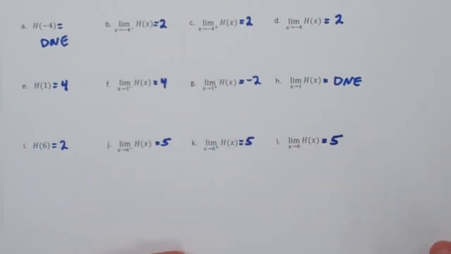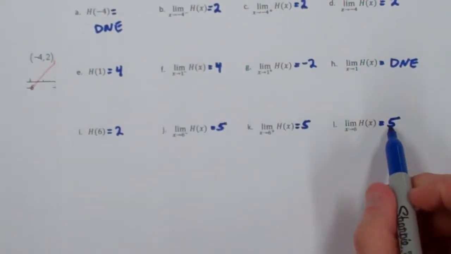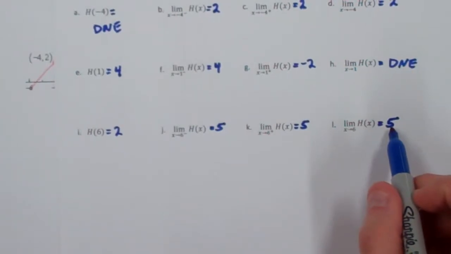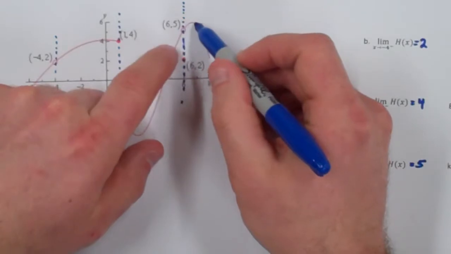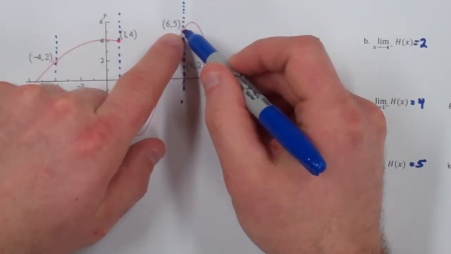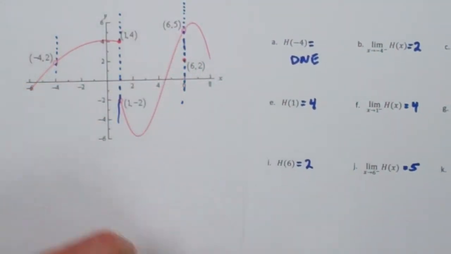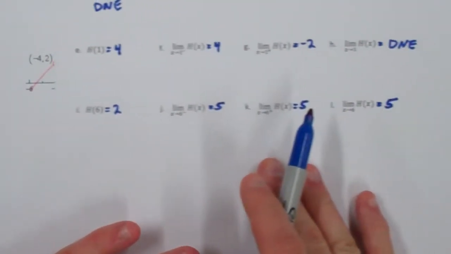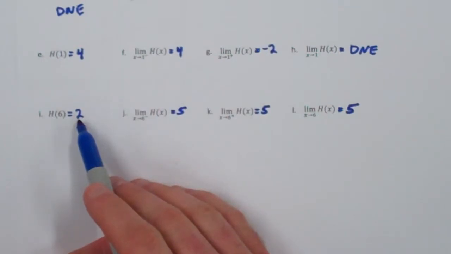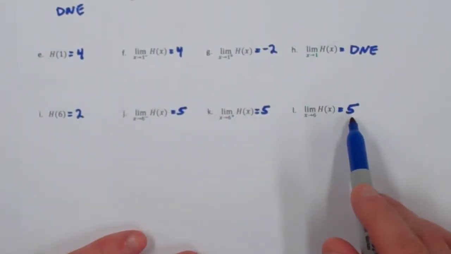Now that seems a little bit silly because the limit is 5. The value the function's approaching is 5. Well, it definitely is. From each side of the graph, we're getting close to this value. However, if you were asked to evaluate the function at 6, it's 2, and these numbers can be different. The actual value of the function may not be what the limit is.